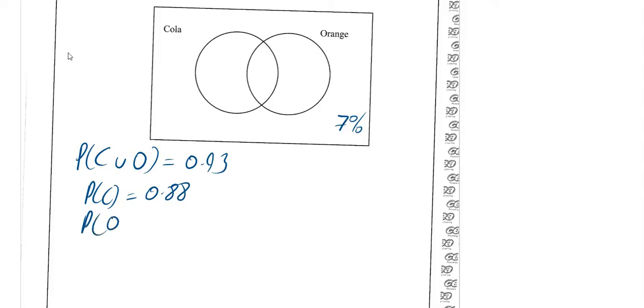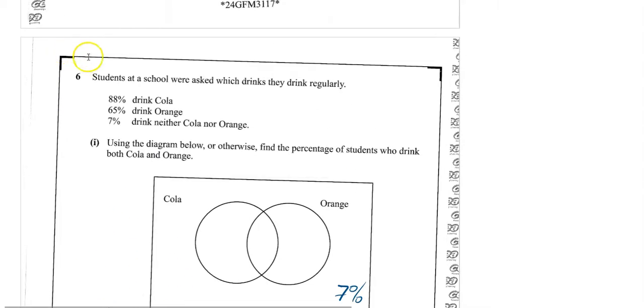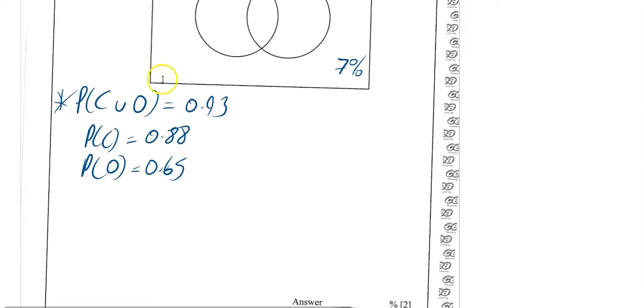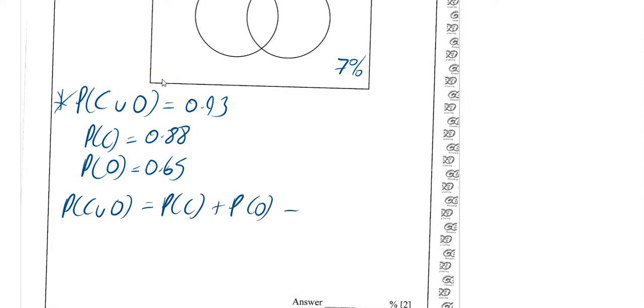Somebody drinks orange is going to be 0.65. And I would use the formula for the union of C union O. So I'm going to say probability C union O is equal to my probability of C plus my probability of O minus the intersection C intersect O.